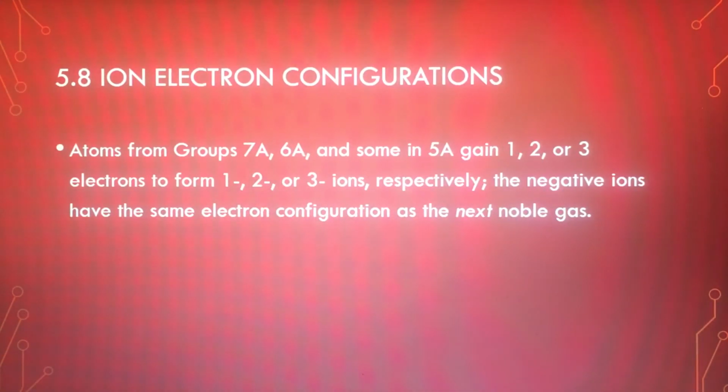O2- has 8 plus 2 electrons, so it has 10 electrons. If we designate 10 electrons, that is 1s2, 2s2, 2p6, which is the same as the electron configuration for neon. This means that the O2- electron configuration is the same as the noble gas neon.